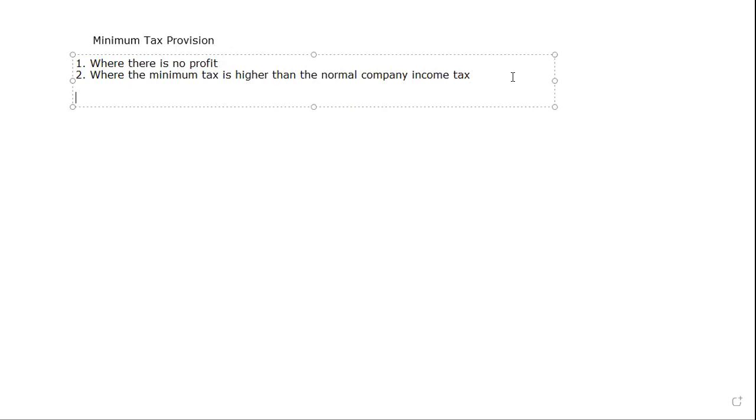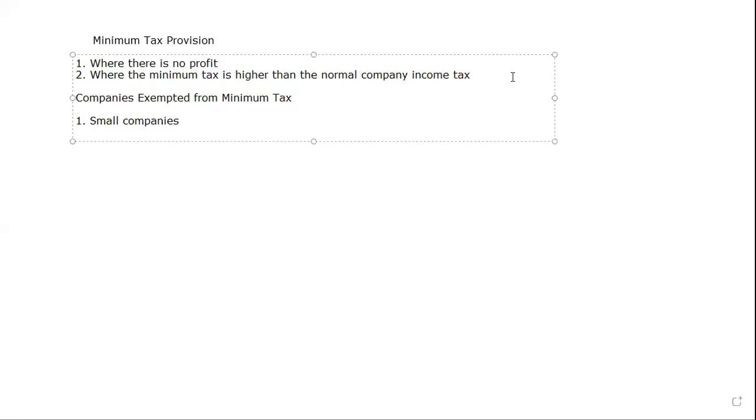Now, we have companies exempted from minimum tax. Number one is small companies, those whose turnover is less than 25 million.